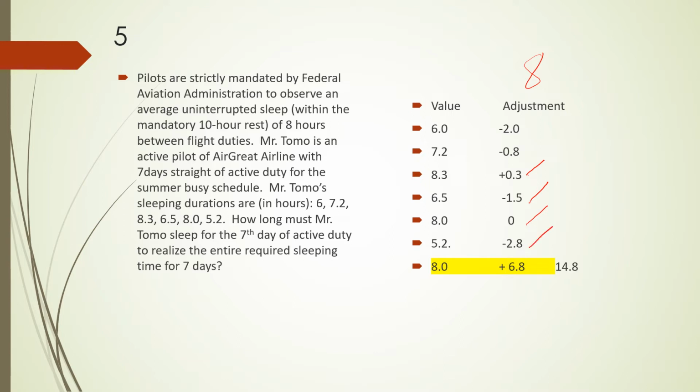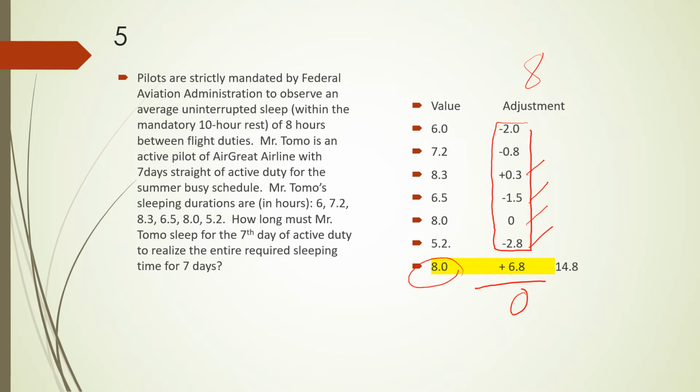minus 2.8. So to get the amount of sleep Mr. Tomo has to have on the seventh day, if he is allowed to offset the lack of sleep for the preceding 6 days, then we need to have for the column a sum of 0 to offset all of this value with the quantity.